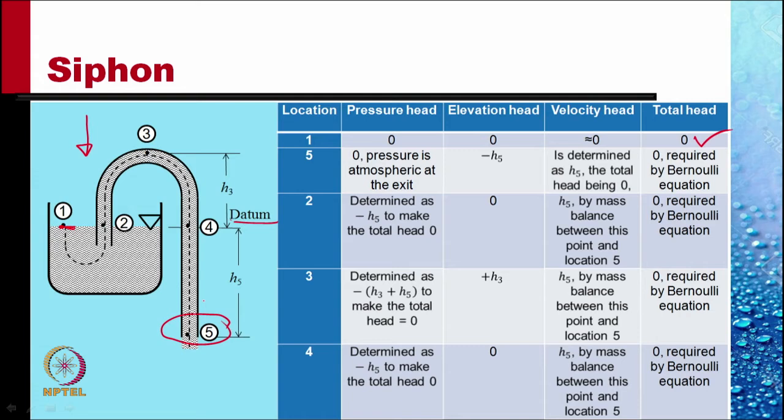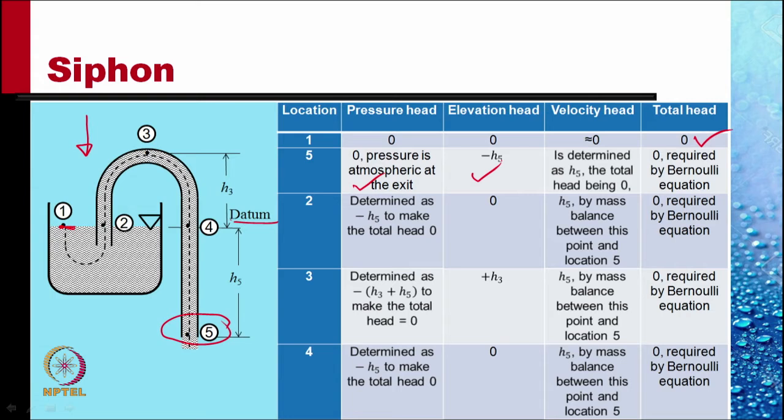We know the pressure head to be 0 because the pressure at the exit is also atmospheric. We know the elevation head, which is minus h5 now, and since the total head must be 0 as required by the Bernoulli equation, we can determine the velocity head.